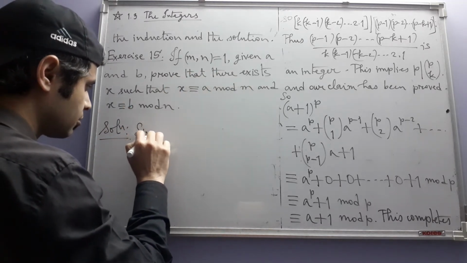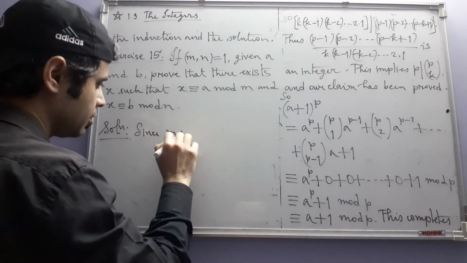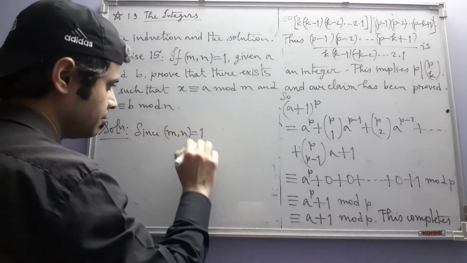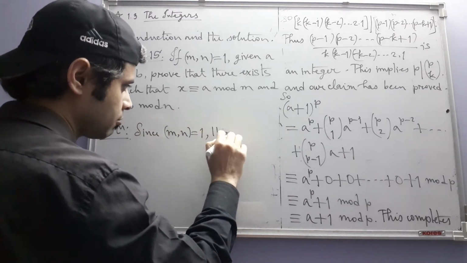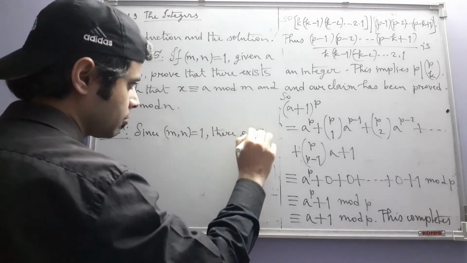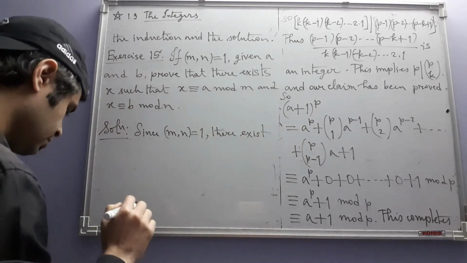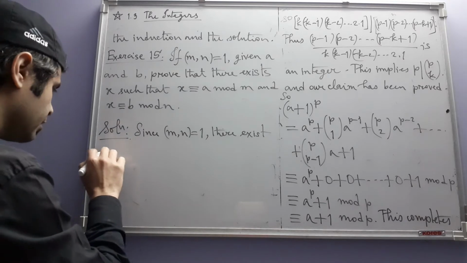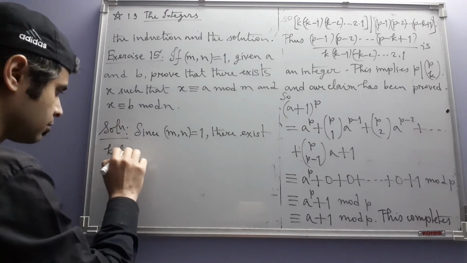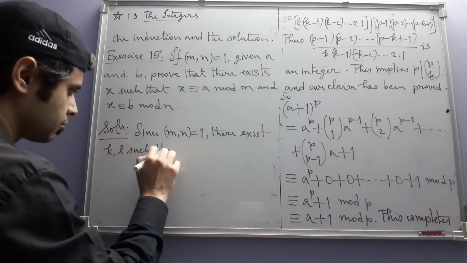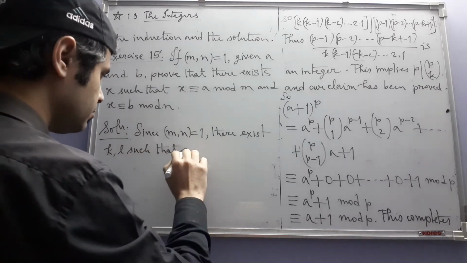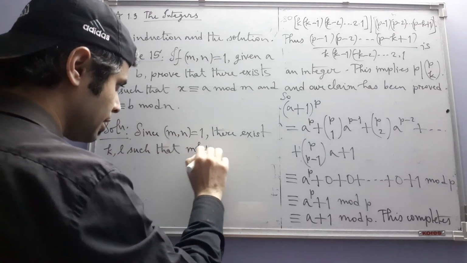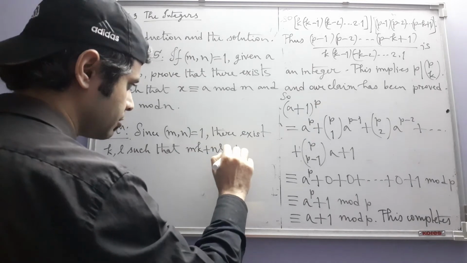Since m and n are relatively prime, there exist integers, say k and l, such that mk plus nl is equal to 1.